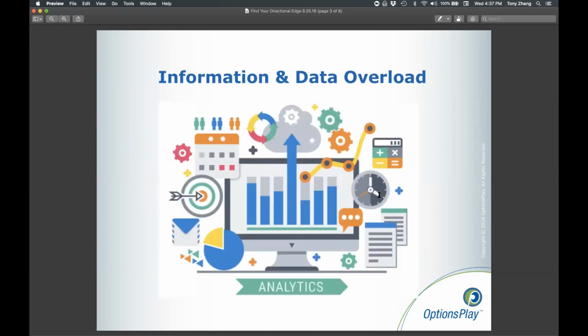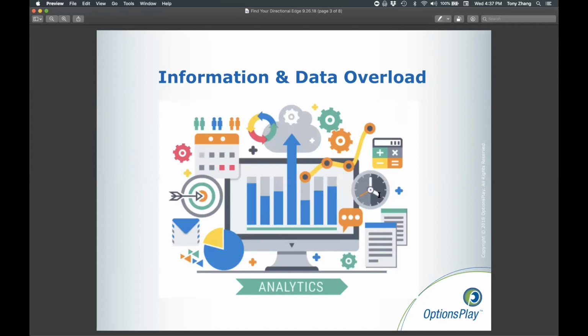Now, we live in this world of information and data overload. We just simply have way too many sources, in my opinion, to get different forms of opinion. And what ends up happening is, because we have so many sources of information, it becomes almost overwhelming. You're not exactly sure what to look for anymore, because there's so many different things to look at.